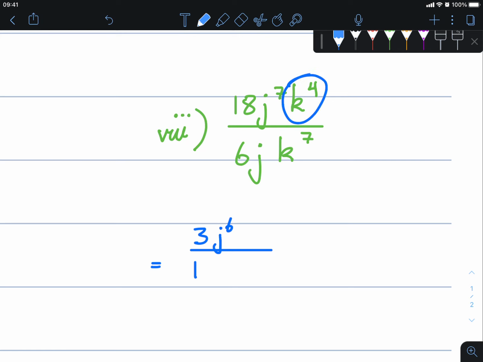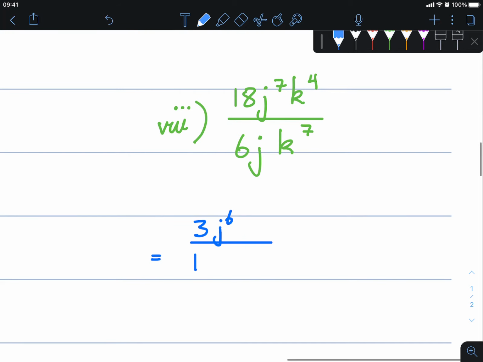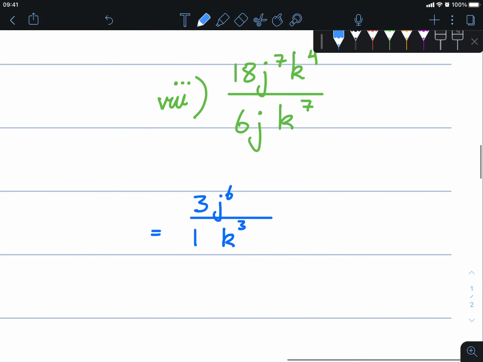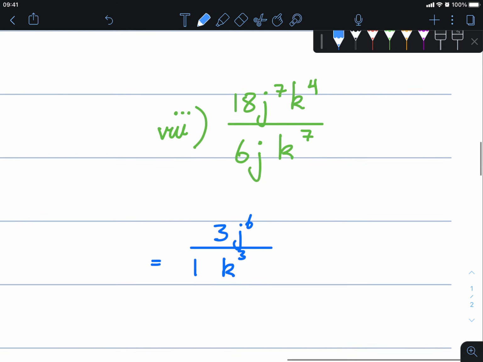k to the power of 4 divided by k to the power of 7. That's 4 take away 7, which is negative 3. But you'll soon learn that negative indices belong in the denominator like so. Another way you could simply think about this is there are more k's on the denominator than there are k's in the numerator.